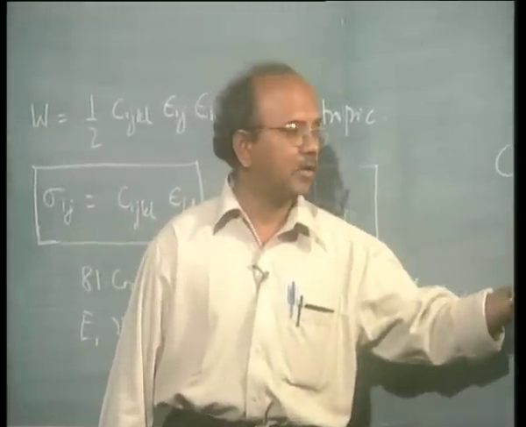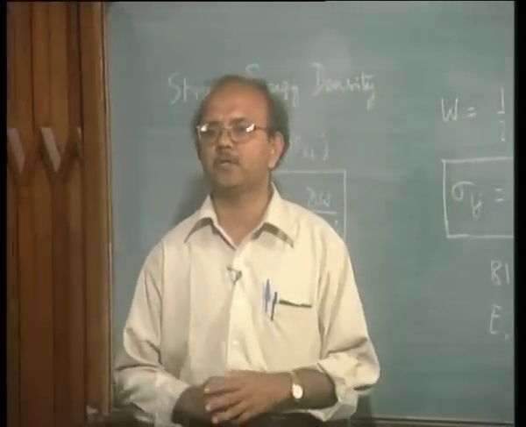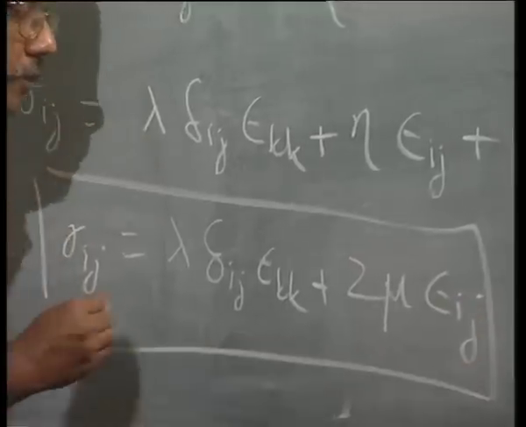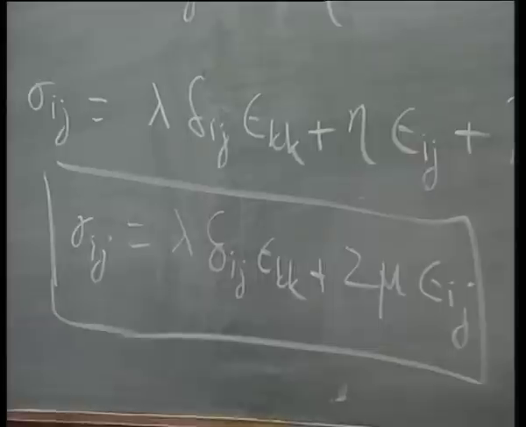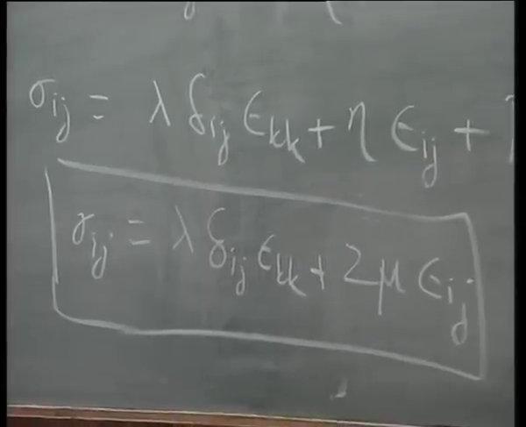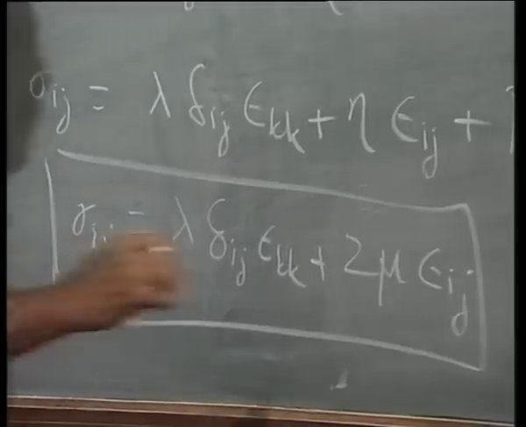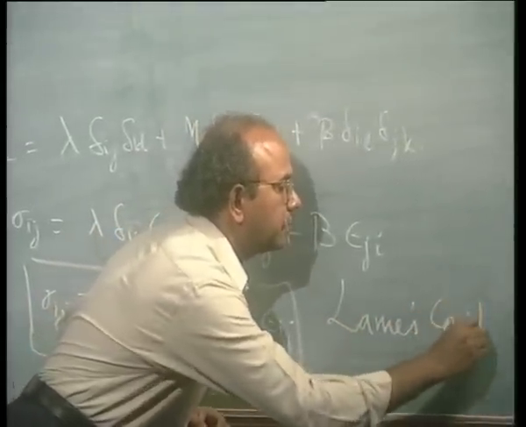Apart from that, I also used one more, that epsilon ij is equal to epsilon ji, or in other words epsilon is symmetric, and ultimately I arrive at an equation where the relationship between strain and stress is defined by just two constants. Is that clear? Lambda and mu are called Lame's constants.